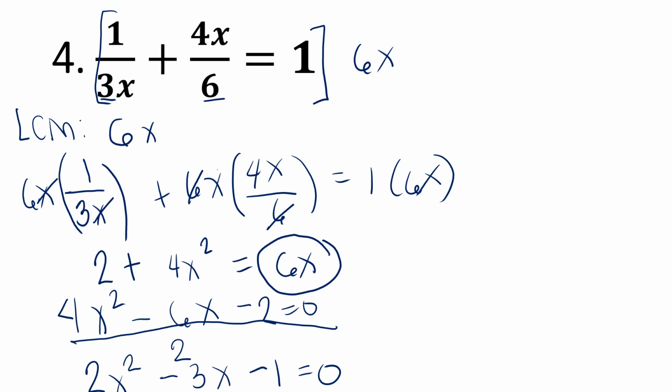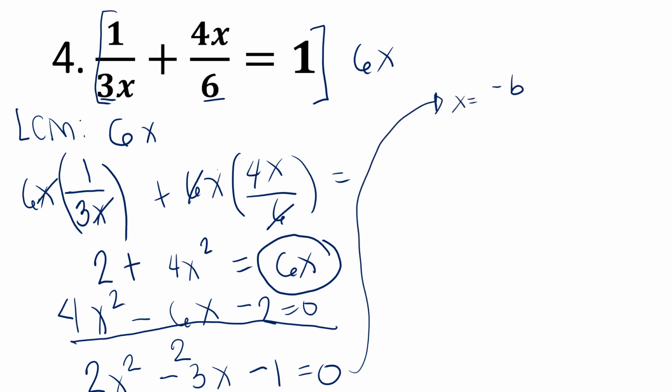Let's first erase this one to have space. So we have x equals negative b plus minus square root of b squared minus 4ac all over 2a.